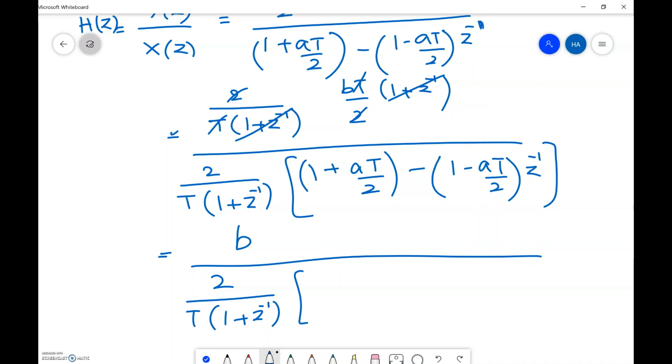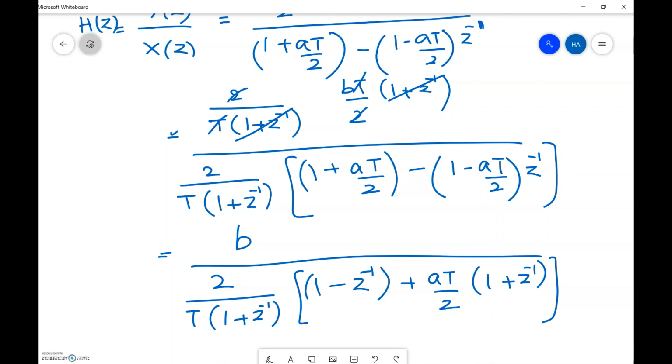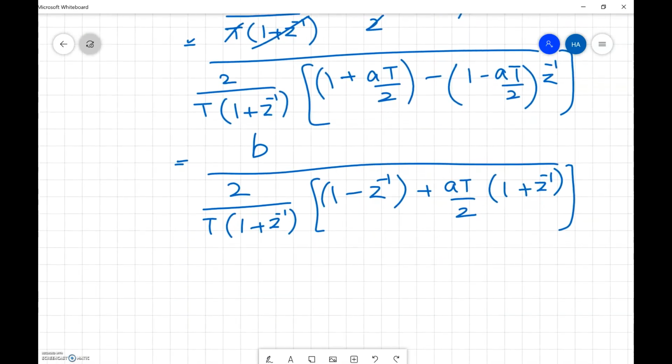How we are going to rearrange that is 1 minus z power minus 1, plus at by 2, we can take it common, (1 plus z power minus 1). Why we write like this is we can cancel out the terms with the factor that is outside the bracket.